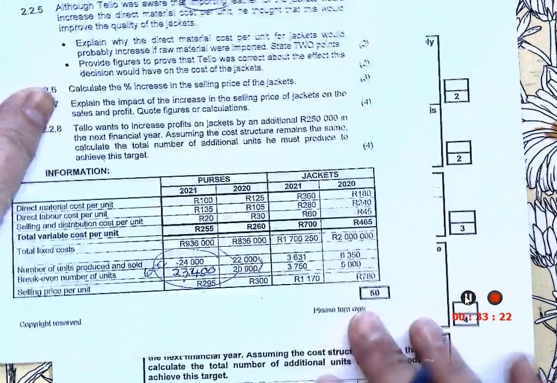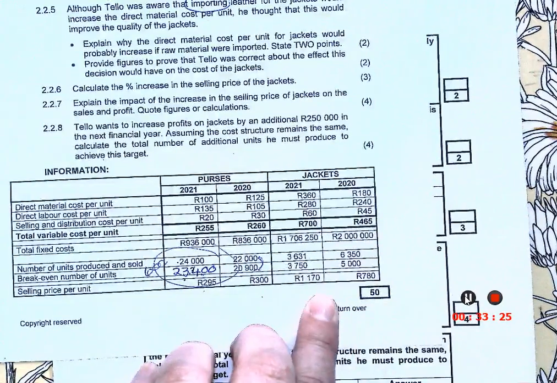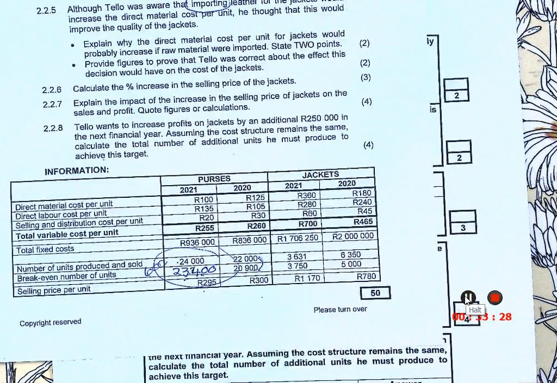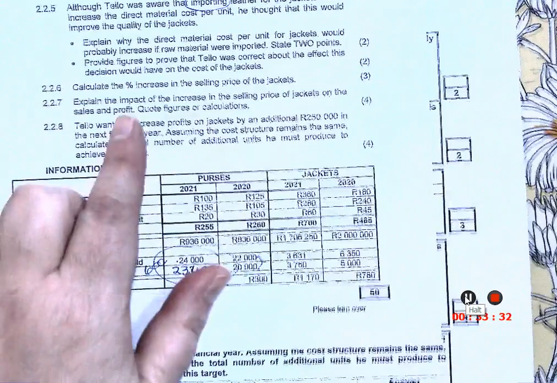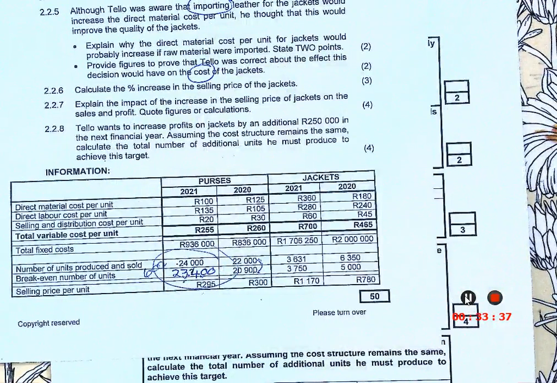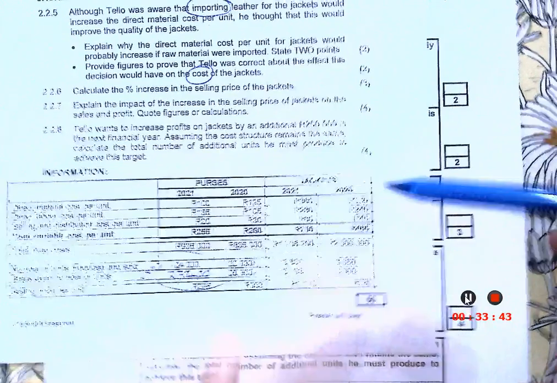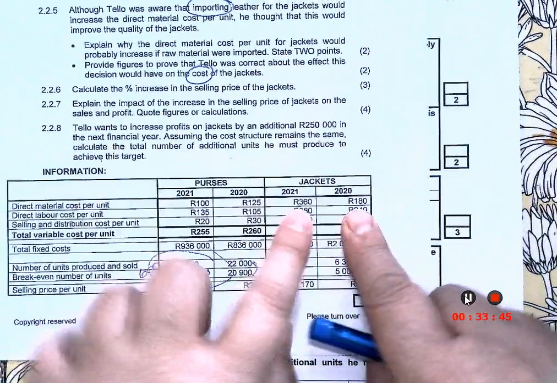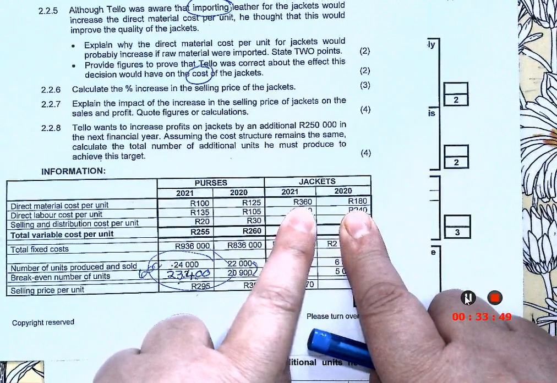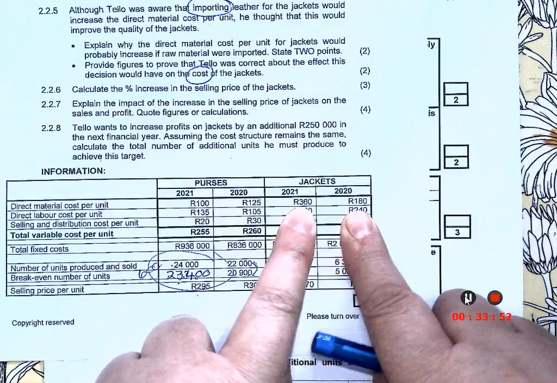2 figures. Can someone please put off their phone? Okay. So now, if I look at it, we want to see that the cost is increasing. So am I going to quote the sales price? No. I want to go look at the production costs. So now let's go look. Look how easy. The direct material cost per unit increased.